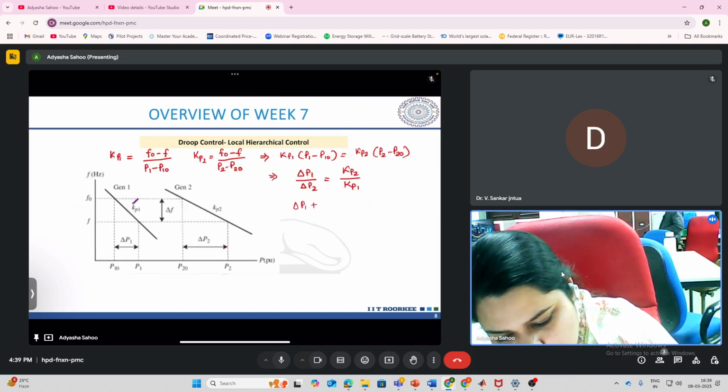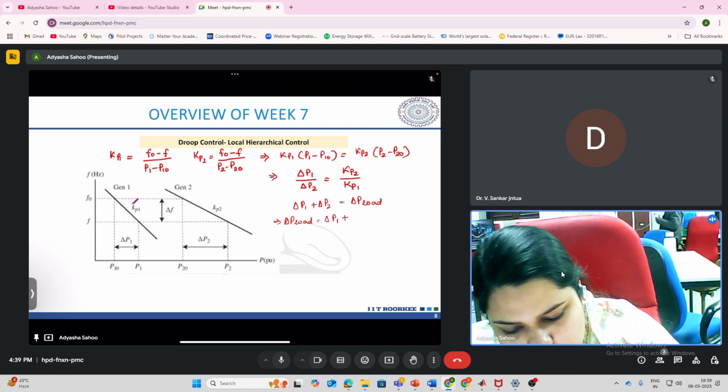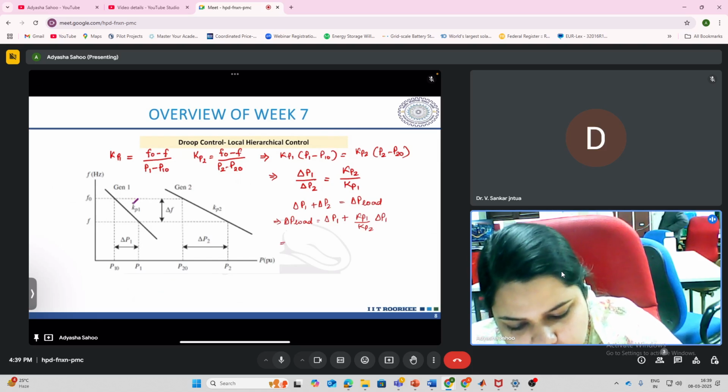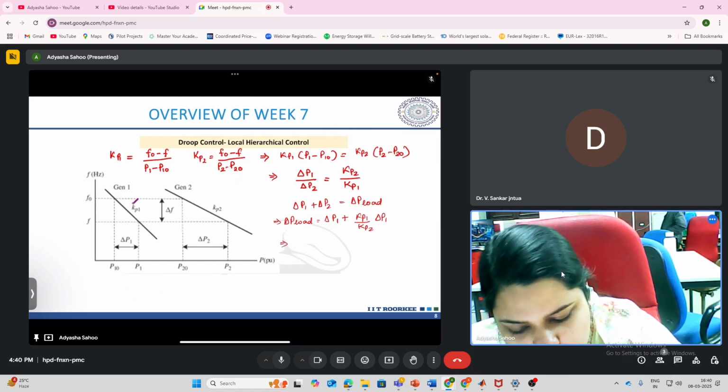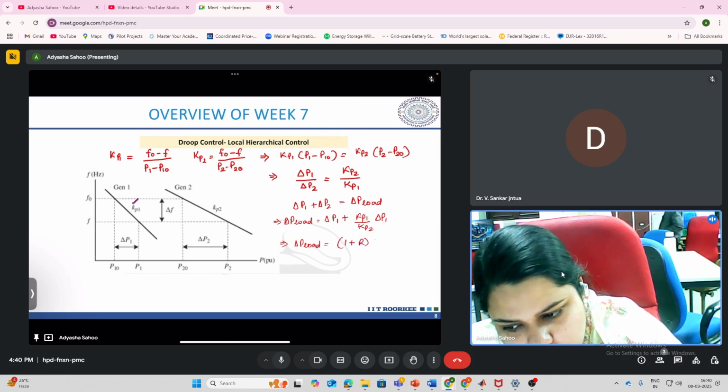So delta P1 equal to, so delta P load is delta P1, and in place of P2 you can write Kp1 by Kp2 times delta P1, and this ratio is basically represented by the regulation constant R. So delta P load is nothing but 1 plus R times delta P1.